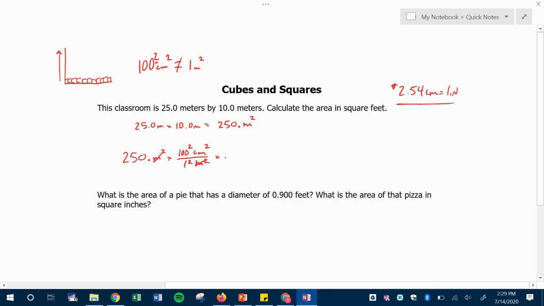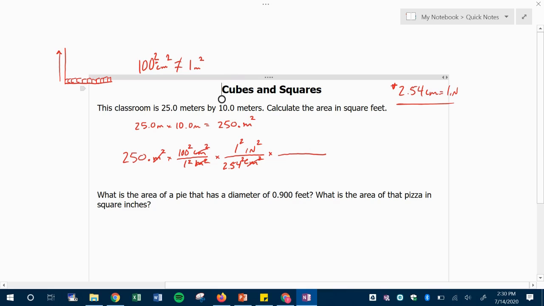As we convert to inches, it would be 1 inch on top over centimeters on the bottom, so it's 1 inch for every 2.54 centimeters. Now let's correct it for the squared part, so we square everything.